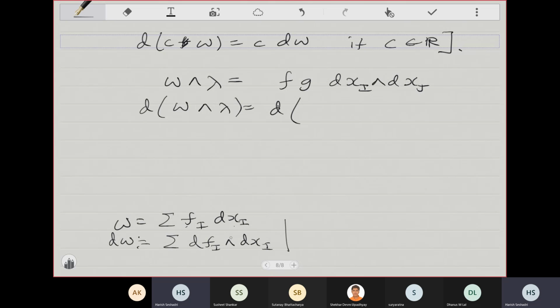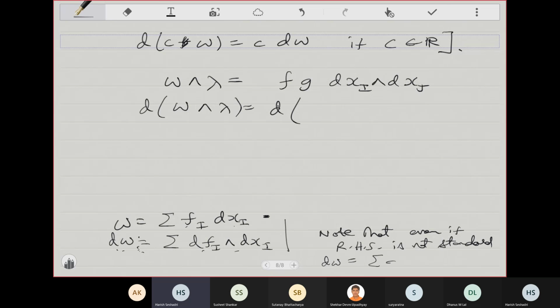I made the definition, but once I make the definition, we can observe that even if this is not in standard form, I still get the same answer if I do this. Note that even if the RHS is not standard, we still have d omega; I can use the same formula, in other words.